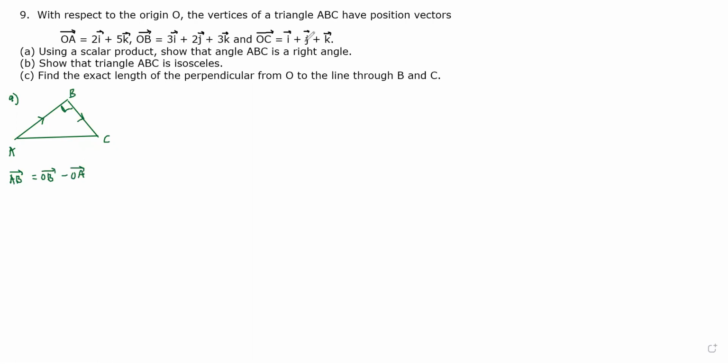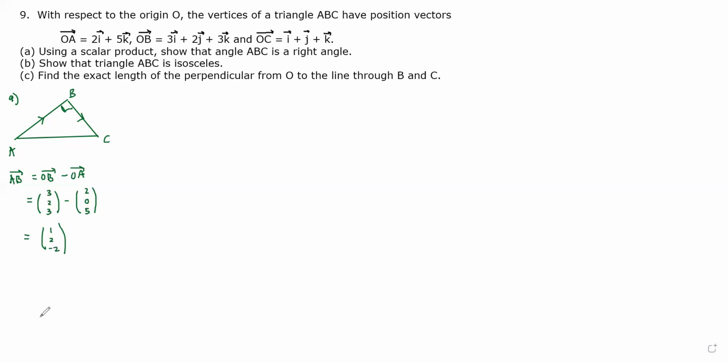From the position vectors given, vector OB can be written in the form of 3, 2, and 3, and vector OA is 2, 0, and 5. The component of vector J is 0 for vector OA. Then that gives us 1, 2, and negative 2.